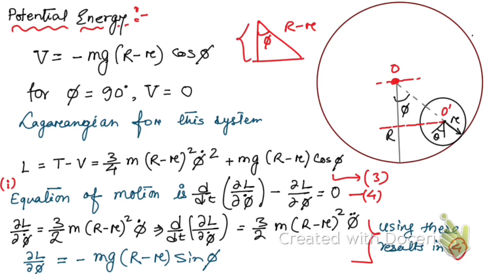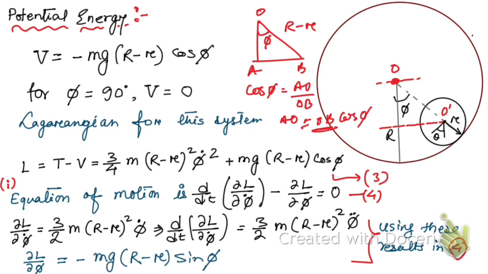So what will be the length of this one? Suppose this is O A B. So here cos phi is equal to base by hypotenuse, AO by OB. Then AO is equal to OB cos phi. So here OB is nothing but capital R minus small r.